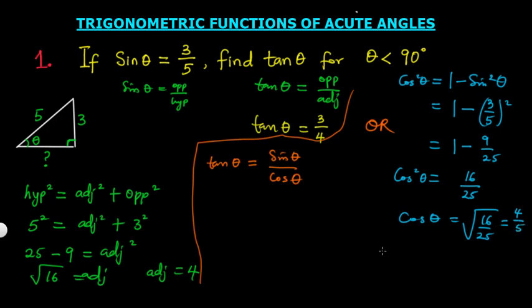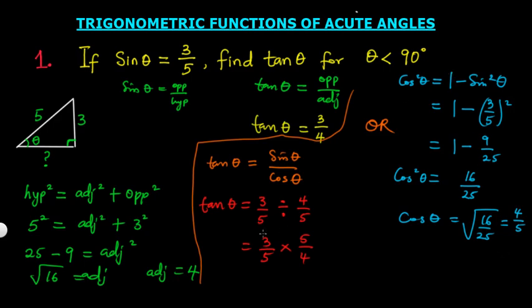Now that we know the value of cos theta to be 4 over 5, we can then say, therefore, tan theta is equal to the ratio of sine theta, which is 3 over 5, divided by cos theta, which is 4 over 5. And we can say 3 over 5 multiplied by 5 over 4.